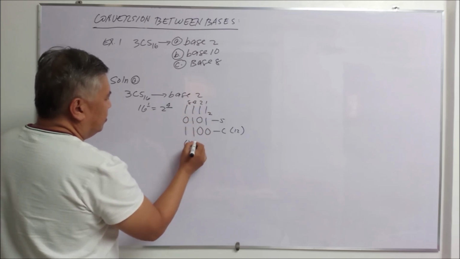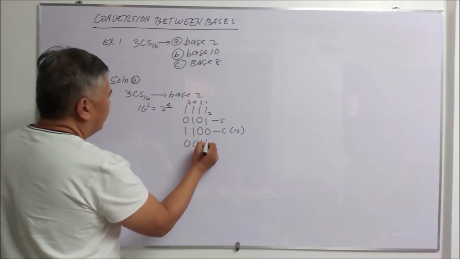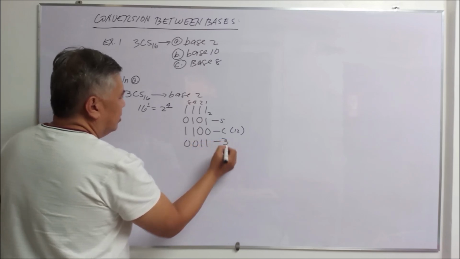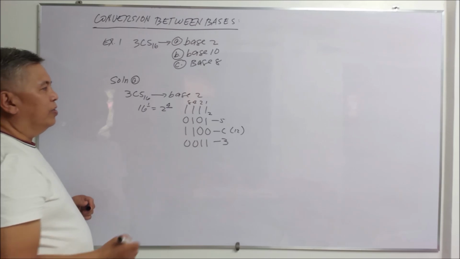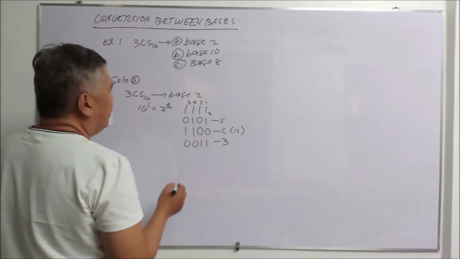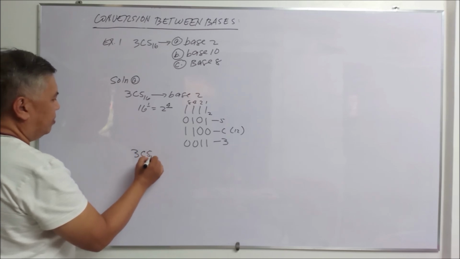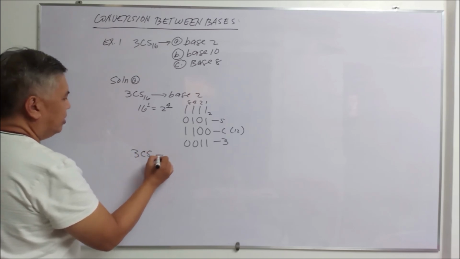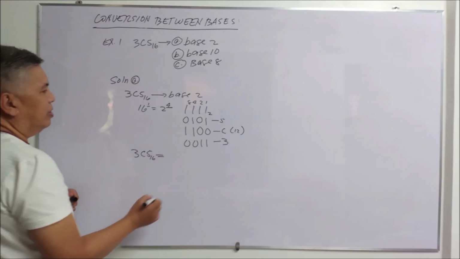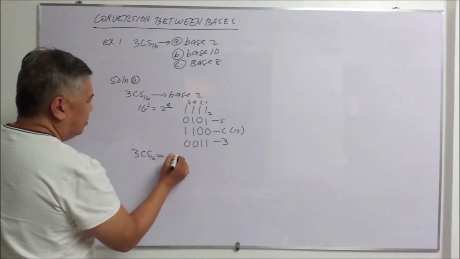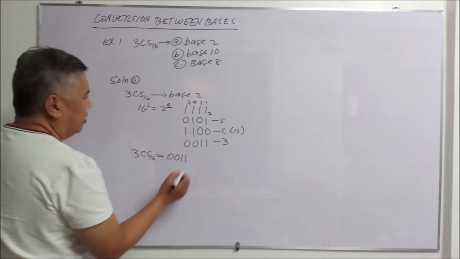You have 0, 0, 1, 1, that is 3. Okay? So in other words, the binary equivalent of 3C5 of base 16 is equal to, what is 3 again? 0, 0, 1, 1. Okay?